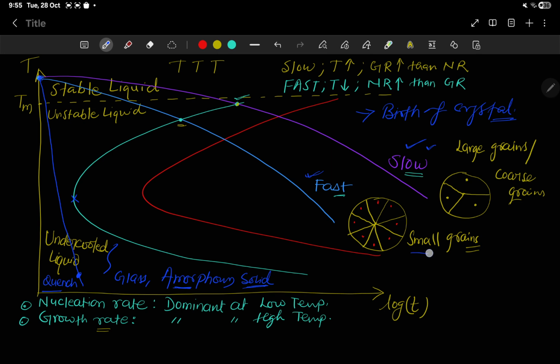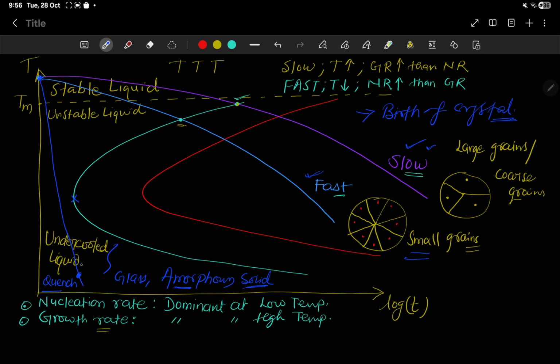And here in fast cooling the nucleation rate is very high, so we will get more number of crystals, the birth of crystals will be more, and the growth rate will be less, right? So hence we will get smaller grain at faster cooling.